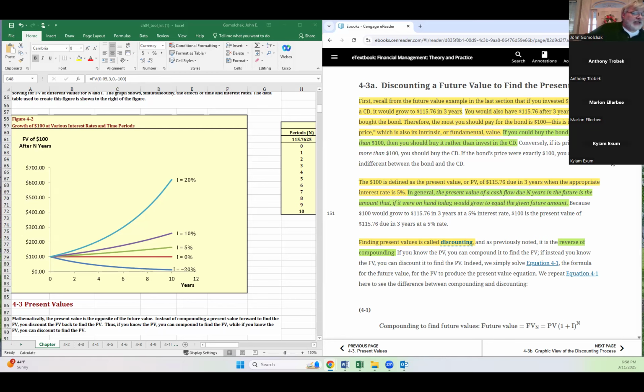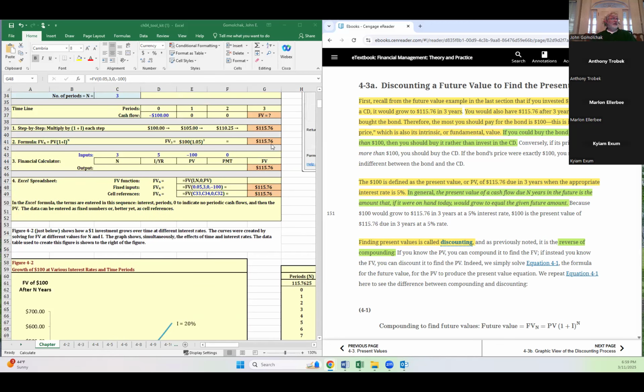Okay, so let's say that you had 4 different choices, each with different payouts at different numbers of years in the future. You wouldn't know which is the better investment unless you did this calculation to bring it all back to present value. And then whichever had the highest present value, that would be the investment that would have the best return. Okay, now the book's a little bit lazy here because they're using this $115.76.